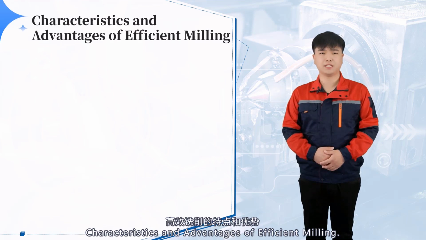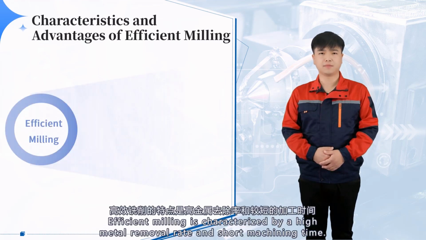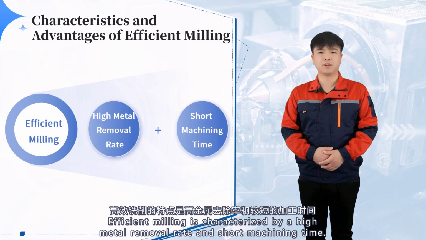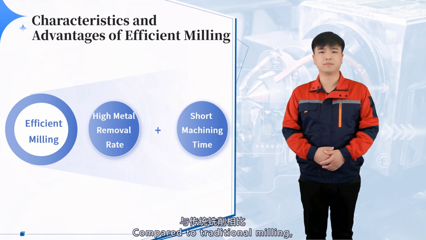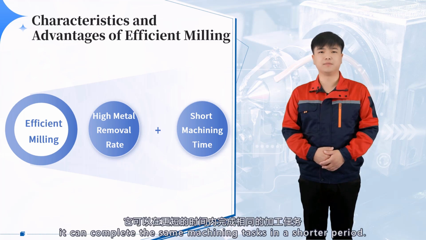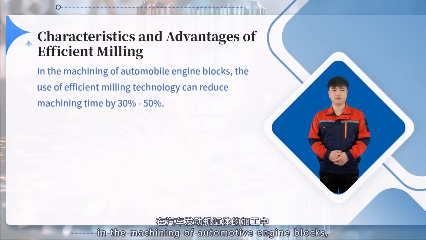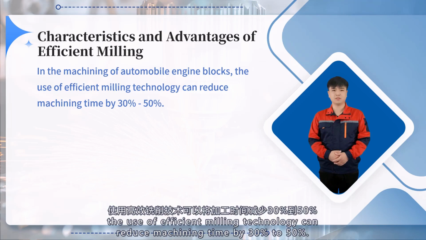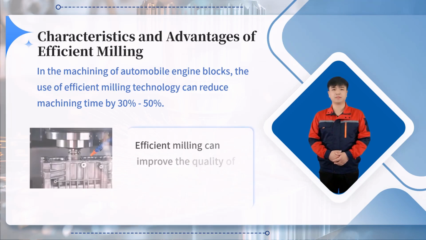Characteristics and advantages of efficient milling. Efficient milling is characterized by a high metal removal rate and short machining time. Compared to traditional milling, it can complete the same machining tasks in a shorter period. For example, in the machining of automotive engine blocks, the use of efficient milling technology can reduce machining time by 30% to 50%.